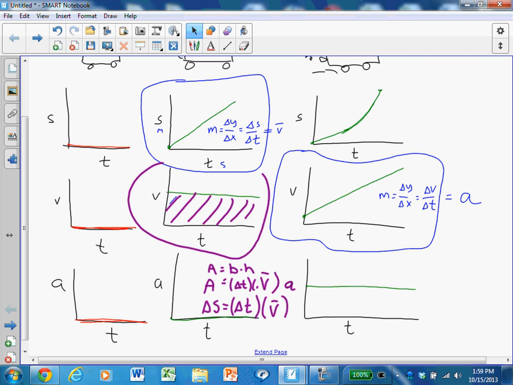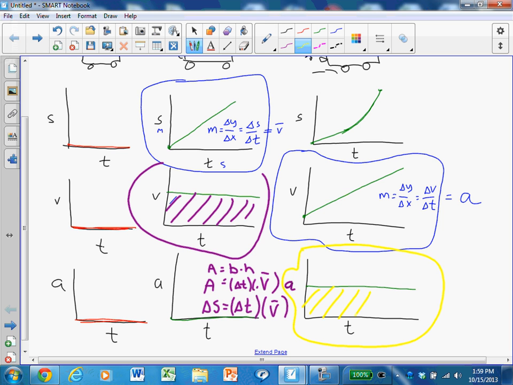Let's look at this one here with acceleration. Well, the area there, oh, I should use capital A, sorry. Capital A would be base times height, which would be delta t times average acceleration, which is change in v, isn't it?